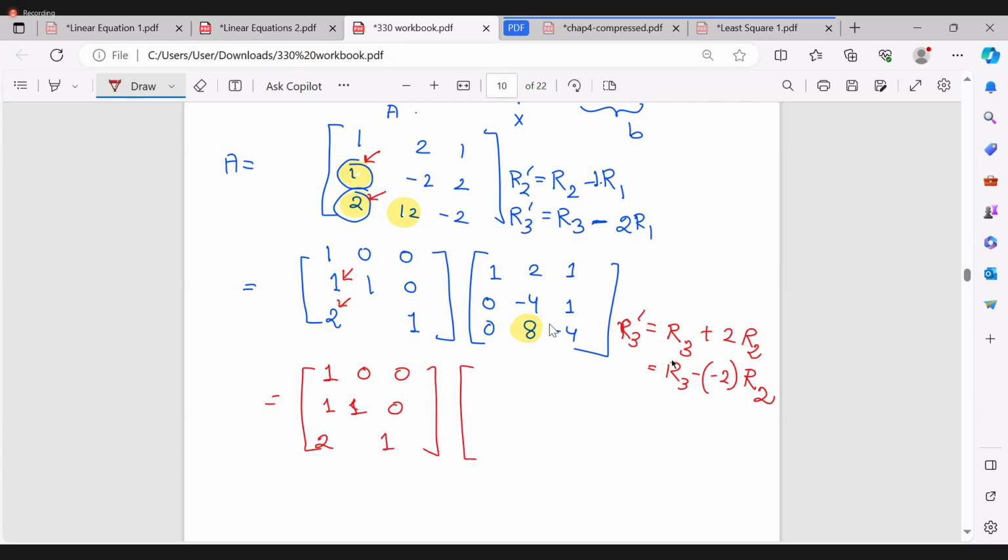After doing this row operation right here, you get this. Now for making this 8 0, you are using -2 as your multiplier, right? So -2 will be written in here. Does it make sense? So this is your L and this is your U.